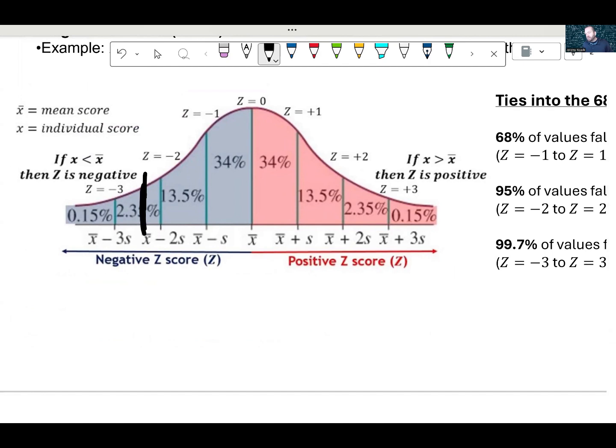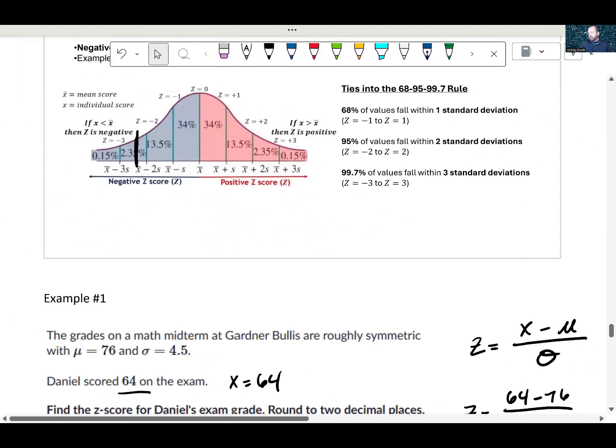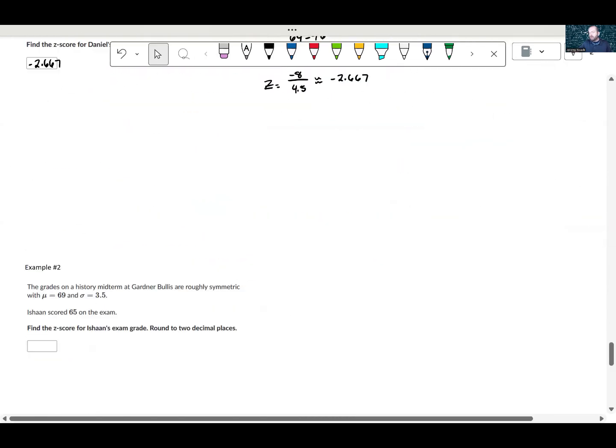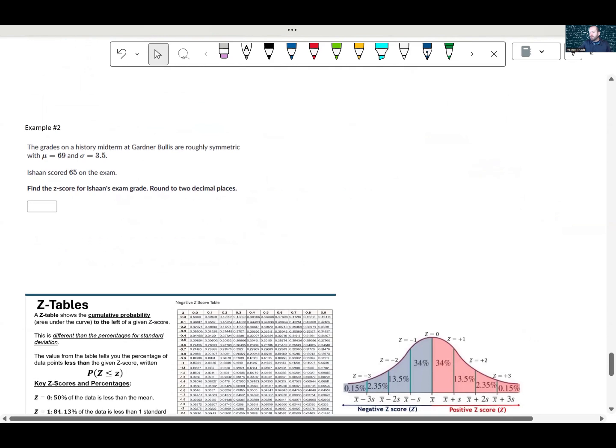So when we measure z-scores, we are usually looking at everything to the left of this. But anyway, that's where our z-score would be located on the distribution. Okay, let's look at a couple more of these, and then we'll get into some more details on z-scores when we talk more about normal distributions.